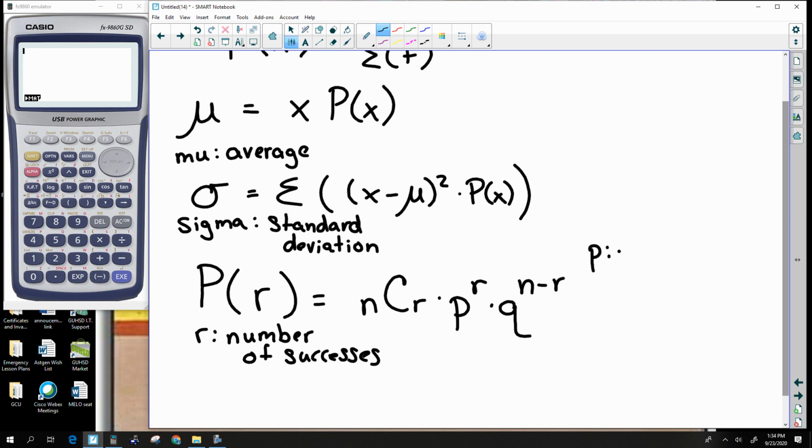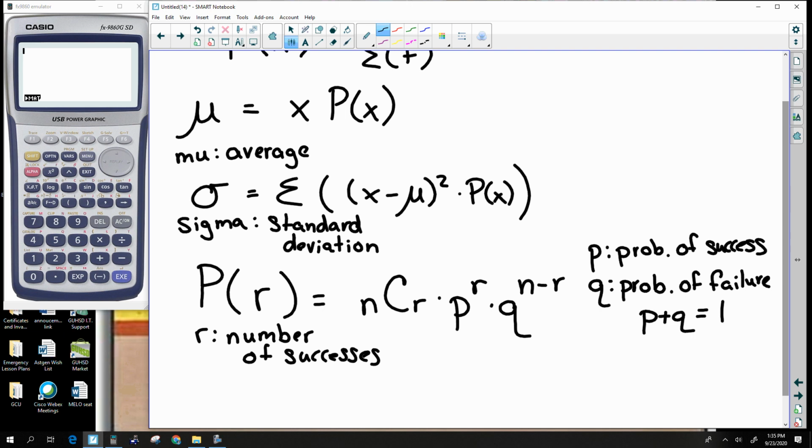Where P is the probability of success, and Q is the opposite. That's the probability of failure. Together, P and Q equal 100%.